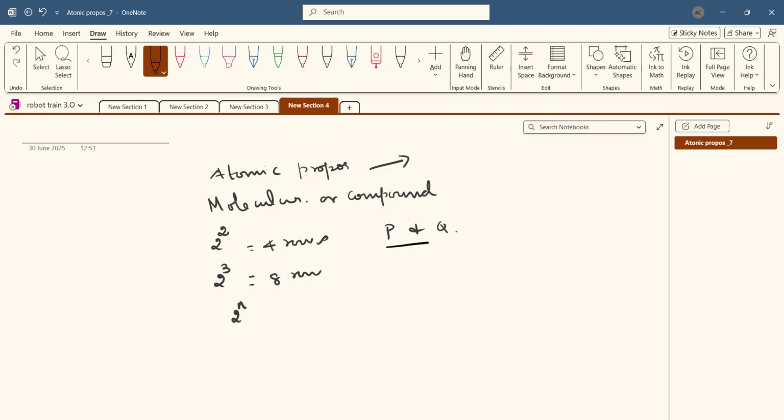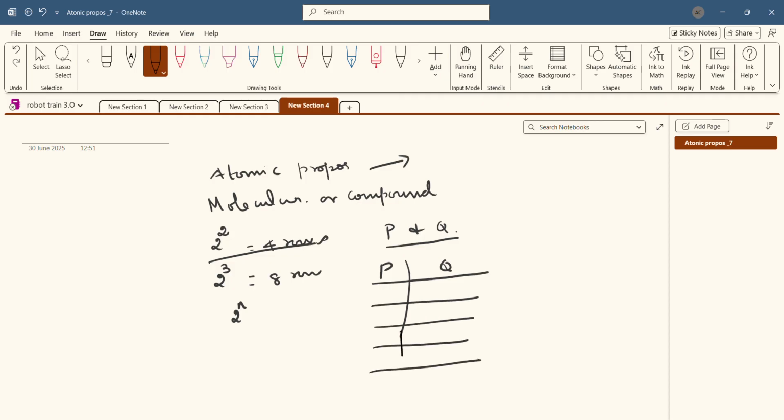Here we have 2 propositions, so the number of columns is 2: P and Q. How are we going to frame the rows? If the statement contains 2 simple propositions, 2 squared is equal to 4 rows. So we have 4 rows: 1, 2, 3, 4. How are we going to write these columns and rows?